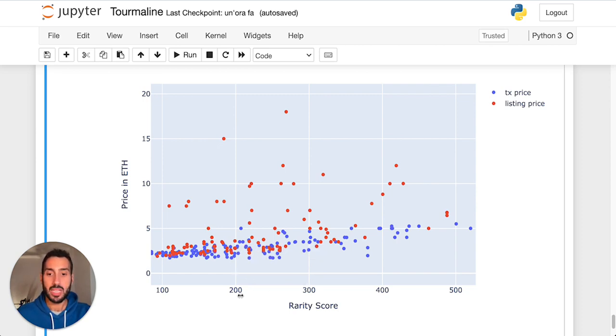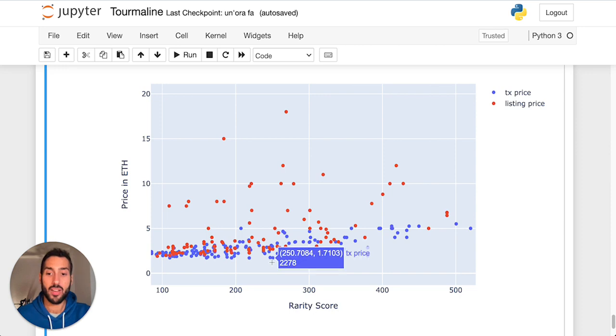So basically, you want to be more on the side of buying the 7036 rather than buying, I don't know, the 2241. Why? Because you will be paying much more for a rarity level that is the same as this one. So this is the type of assessment that a tool like this allows you to make.